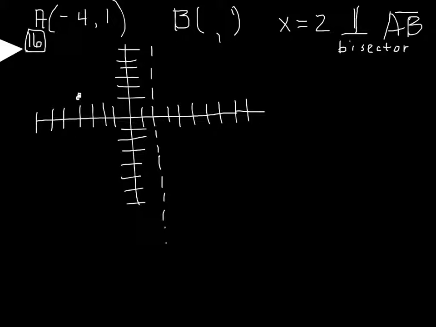I count 1, 2, 3, 4, then to x equal to 2 is 1, 2, 3, 4, 5, 6. So that's 6 that way. So if I count 6 the other way, 1, 2, 3, 4, 5, 6, I need to put a dot right up here. That's what cut that line in half.